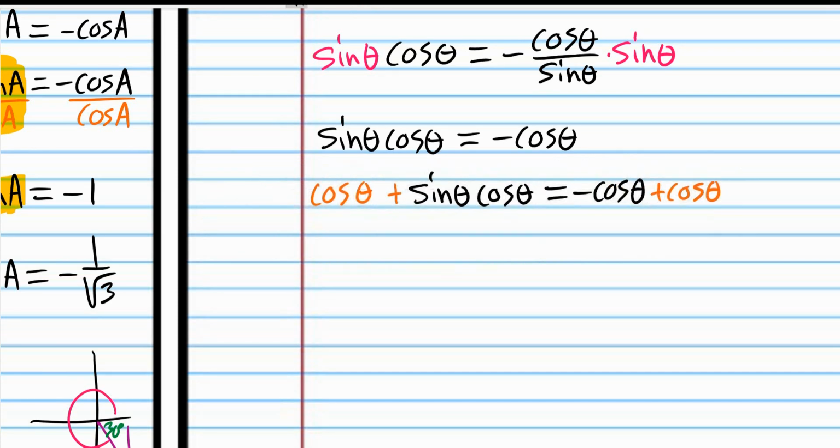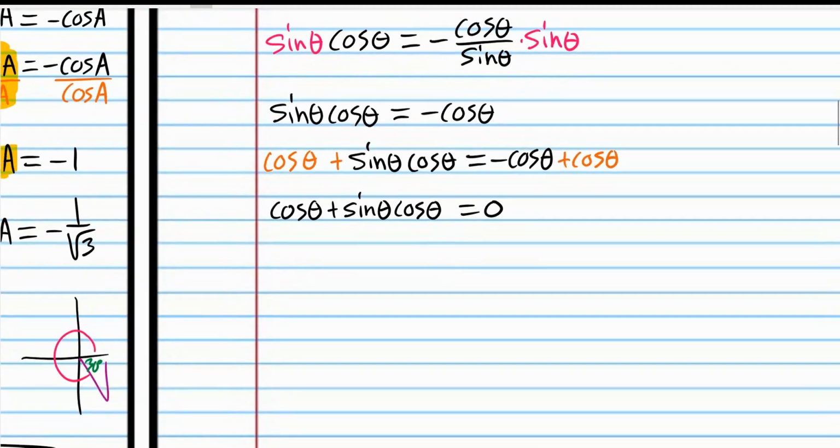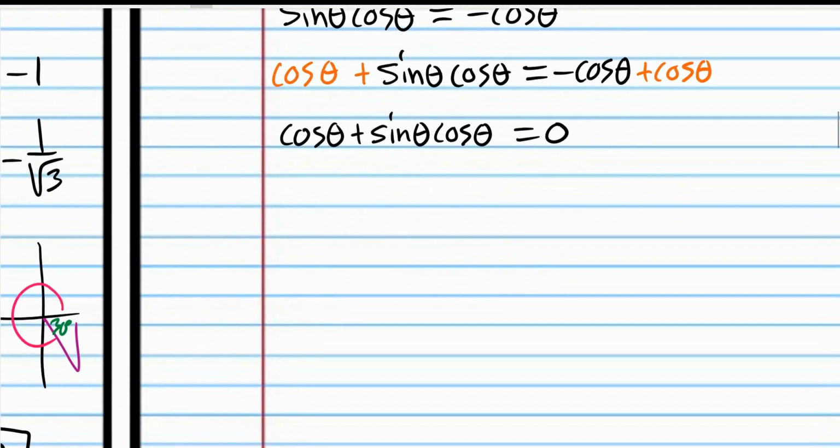And what that's going to do is it's going to put everything on the left side of the equation. So now you see we have a cosine theta that is common to both these terms, so I'm going to factor that cosine theta out.